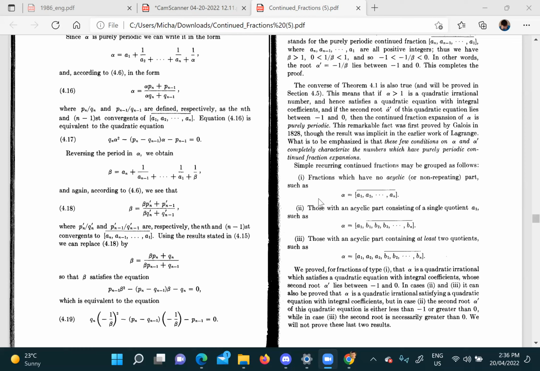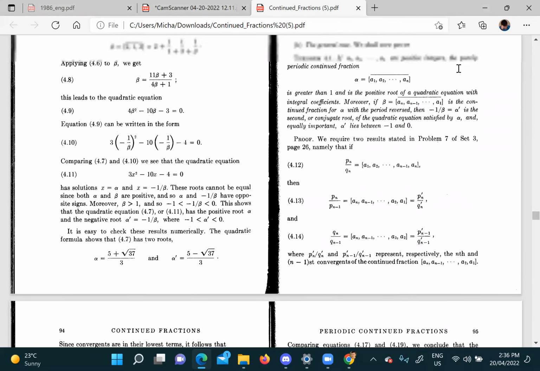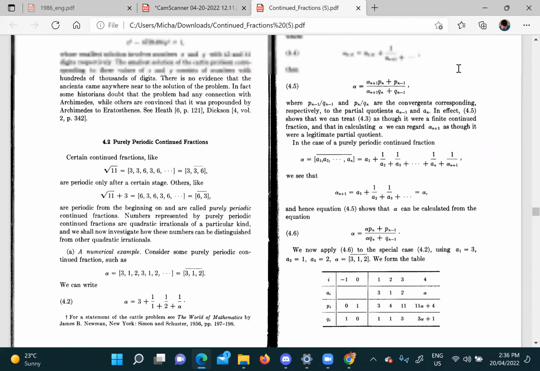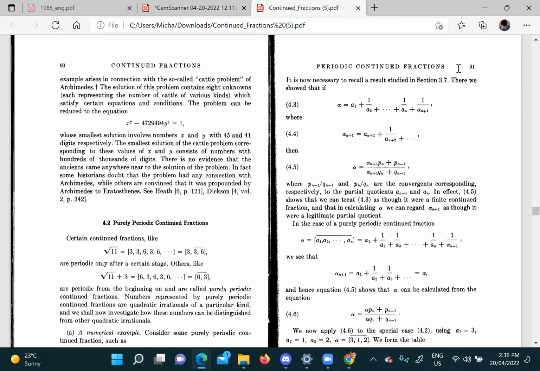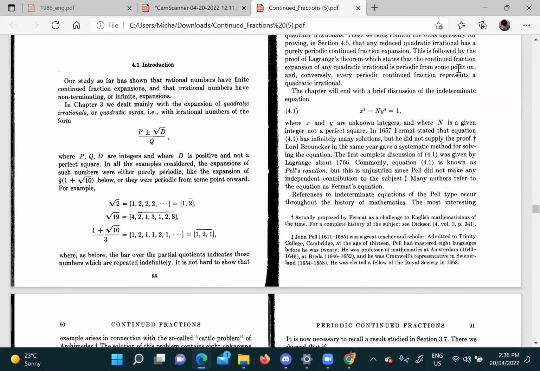Okay, let's have a look. There's some interesting historical comments about when this was proved. We dealt mainly with the expansion of quadratic irrationals or quadratic surds with rationals of the form p plus or minus root d on q.